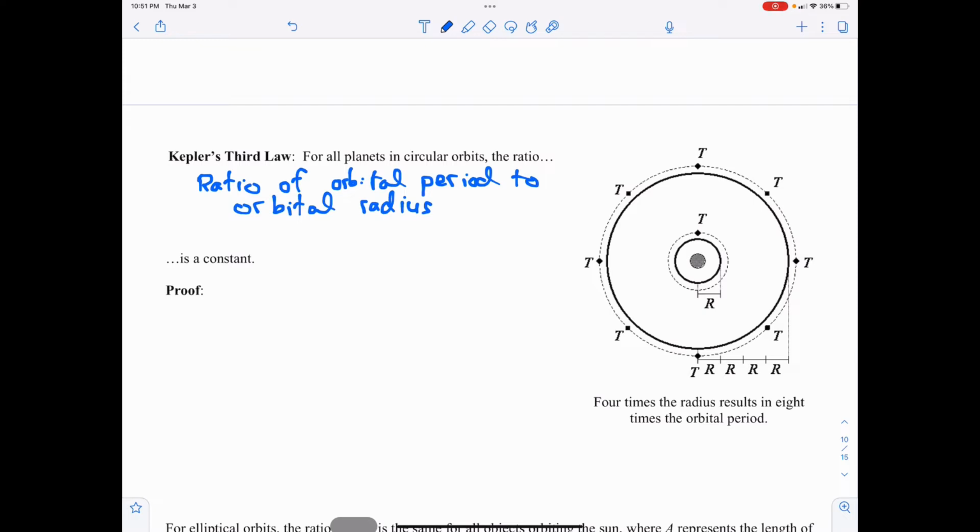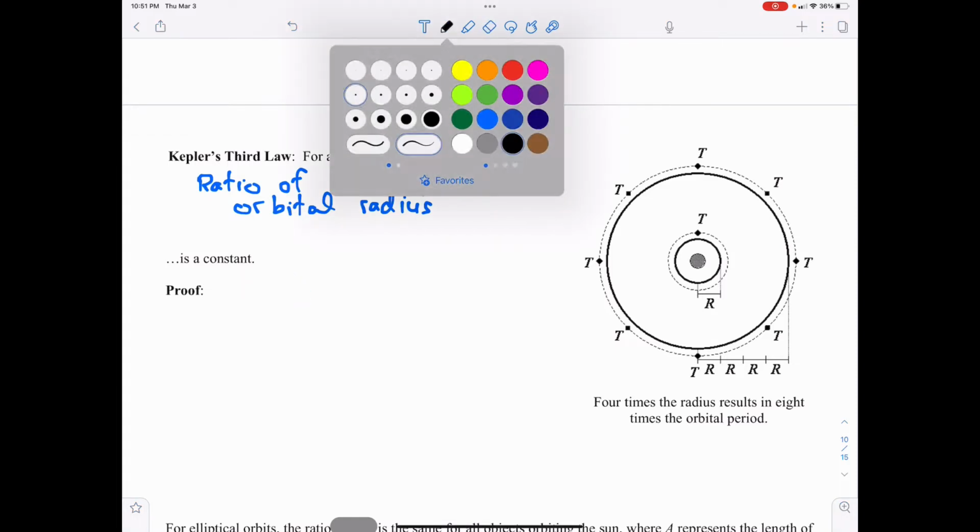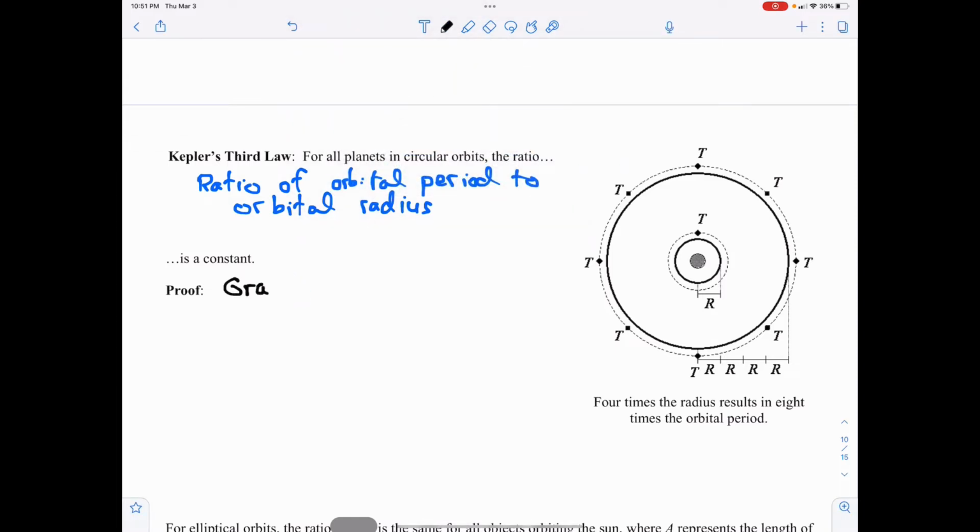Okay, and we're actually going to prove it first before I show you what we discover. Okay, let's start off with this idea here. Gravity is a centripetal force. Okay, start there.